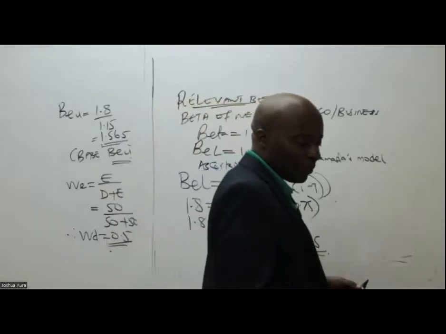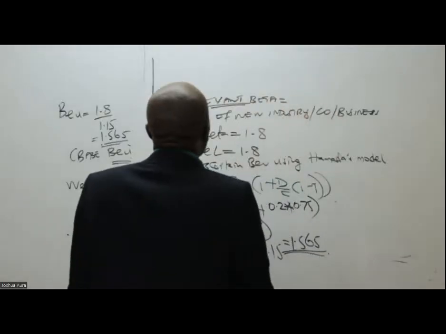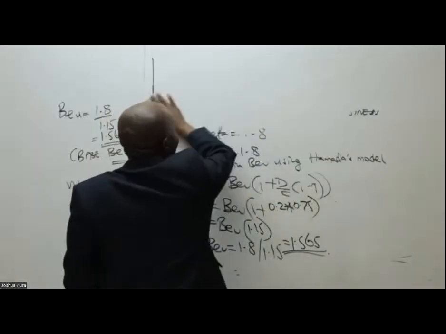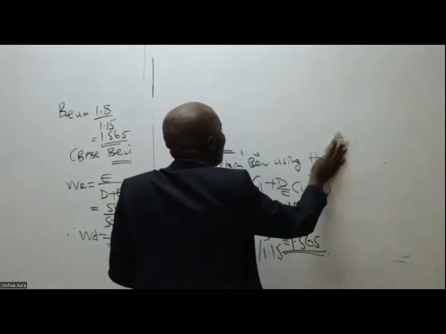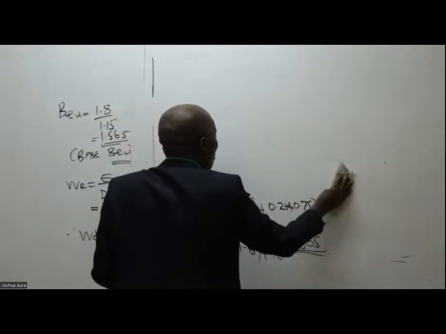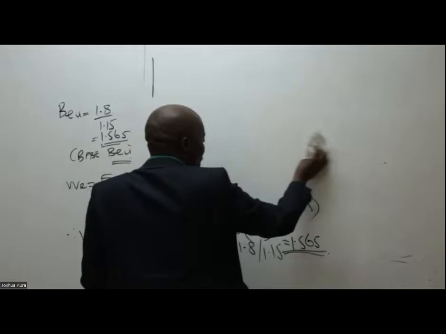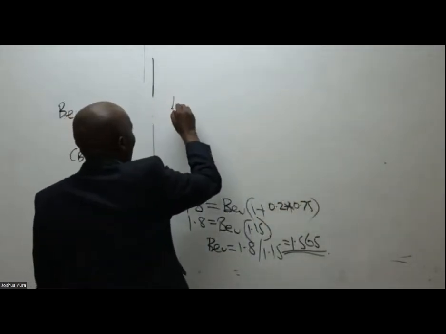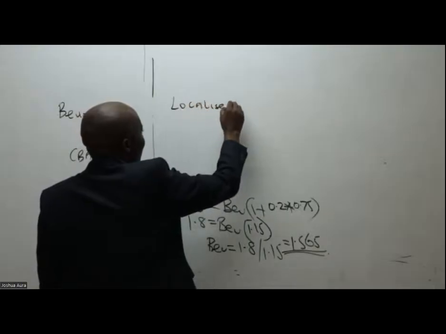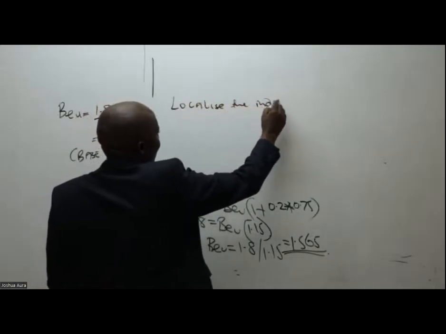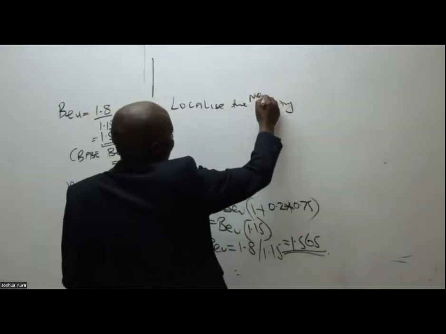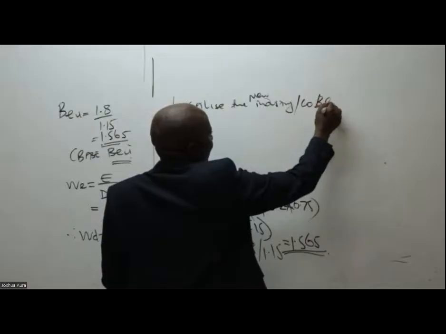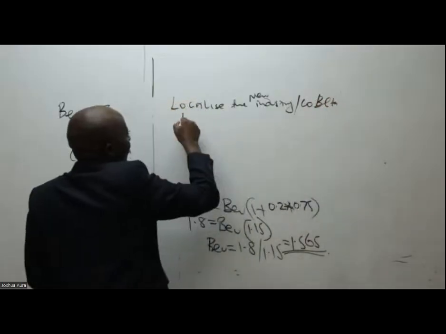Now from there, ladies and gentlemen, I know the next thing, using this base, you can call it base beta, I should be able to localize. So you localize the industry, new company or new business beta to the firm.